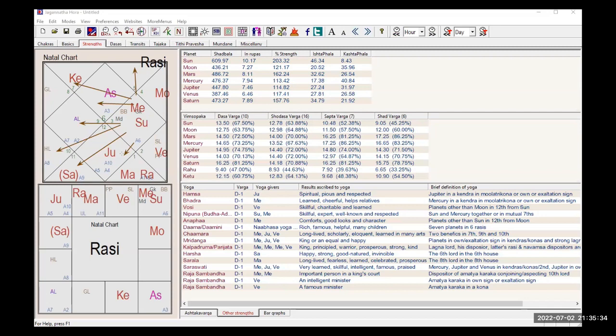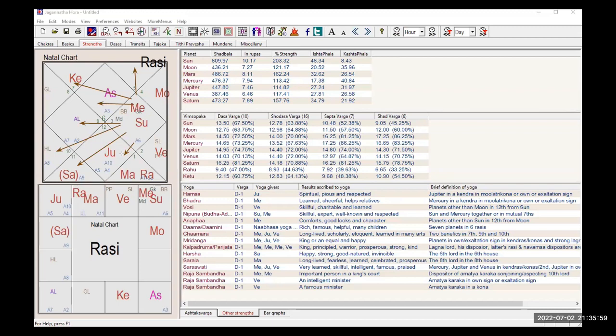Whatever prediction you do, say for 4th house matters, whatever significations the 4th house shows, the Sun has the maximum influence there. I will not add more confusion for you.